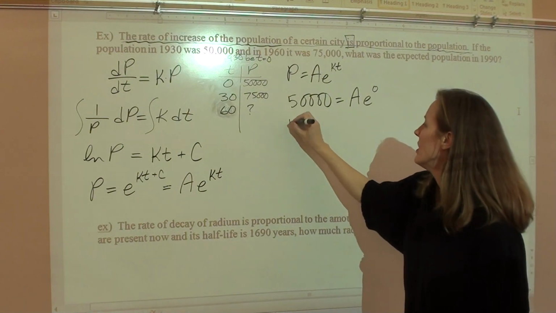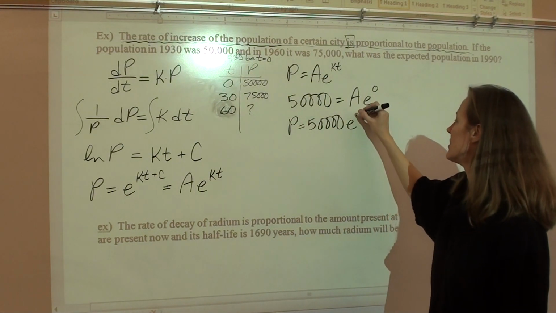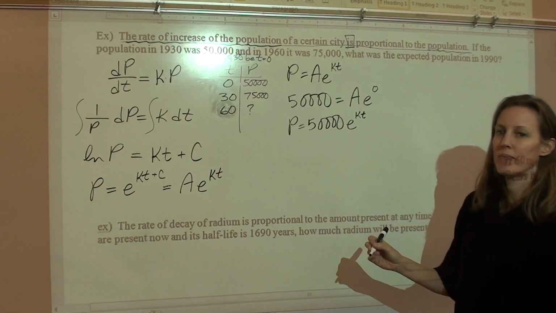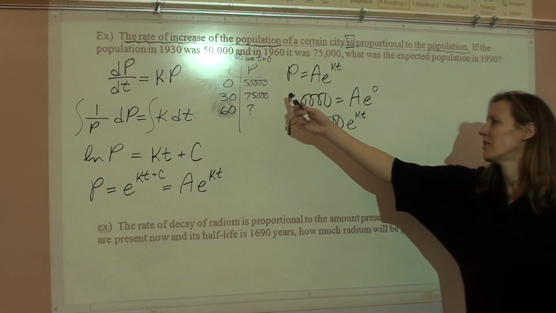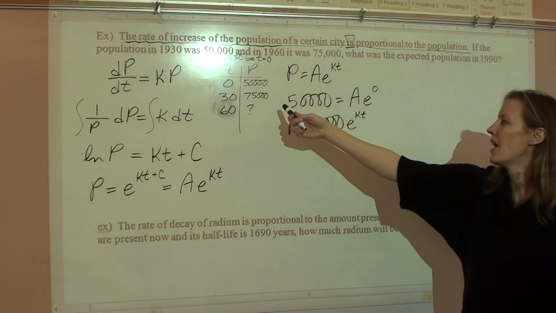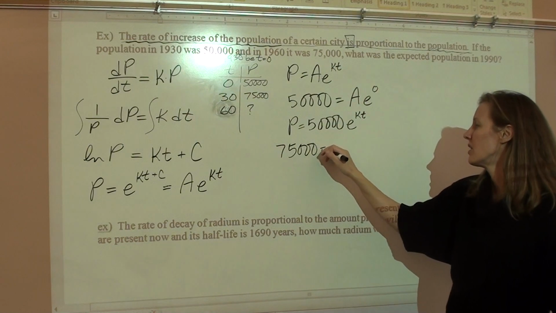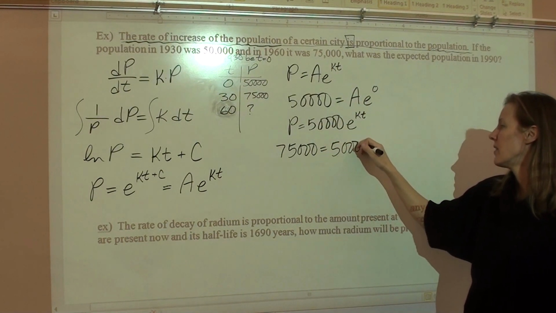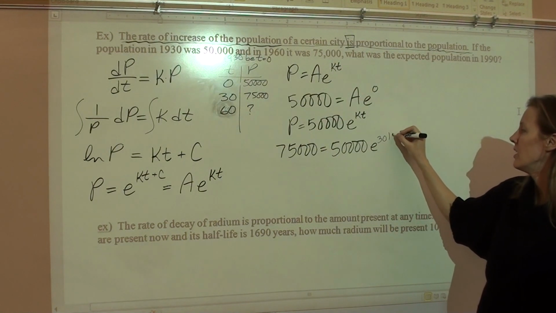So now I have P equals 50,000 e to the kt. Now I plug in the next given set of points. So I have my population is 75,000 when my time is 30. So I have e to the 30k.